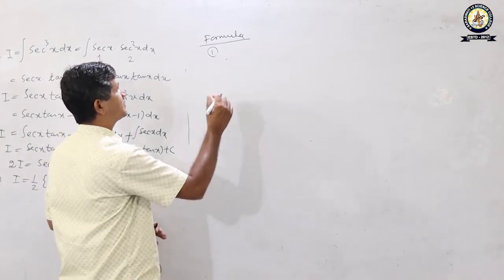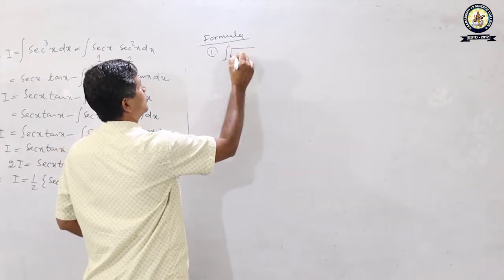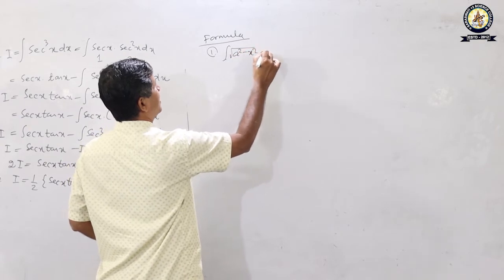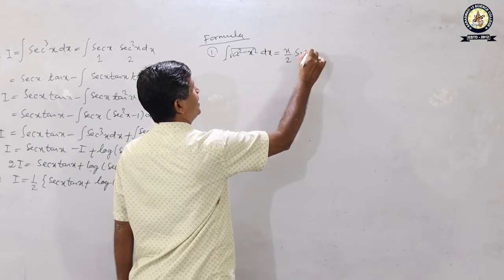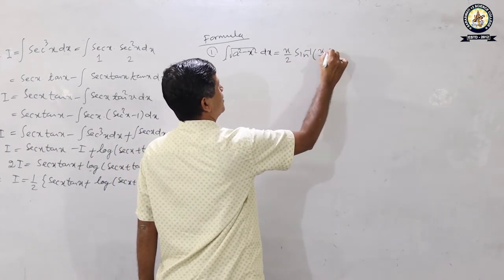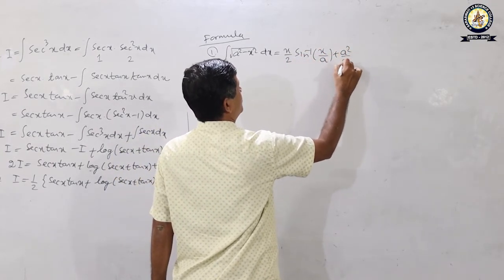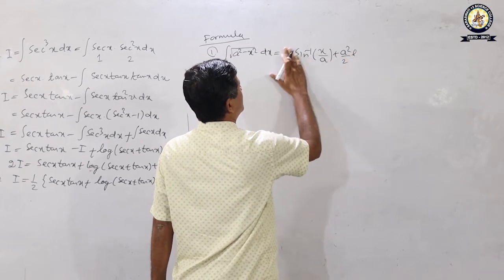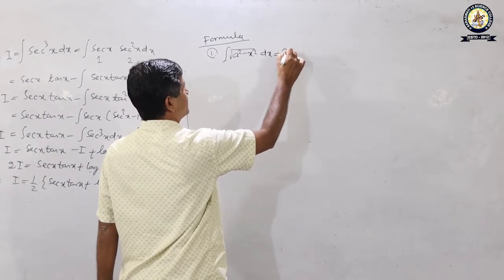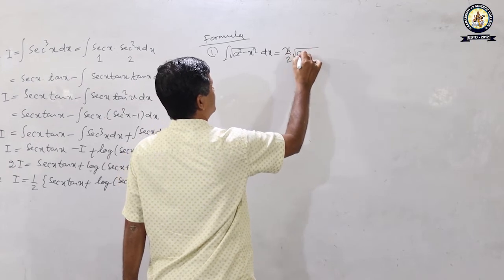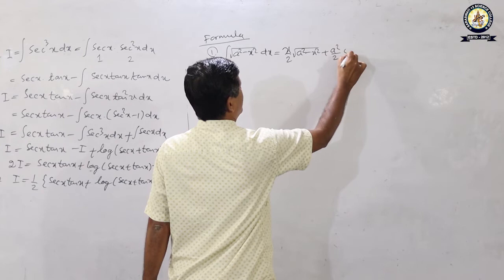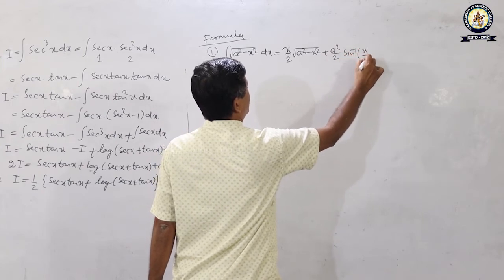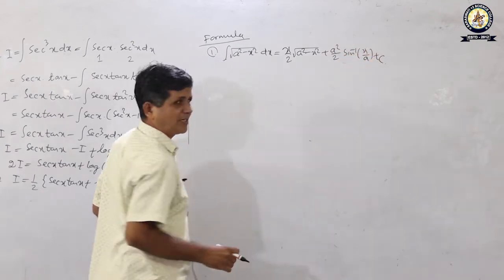Come to the first formula: integration of root over of a square minus x square dx is equal to x by 2 into root over of a square minus x square plus a square by 2 into sine inverse x by a plus c. This is the first formula.